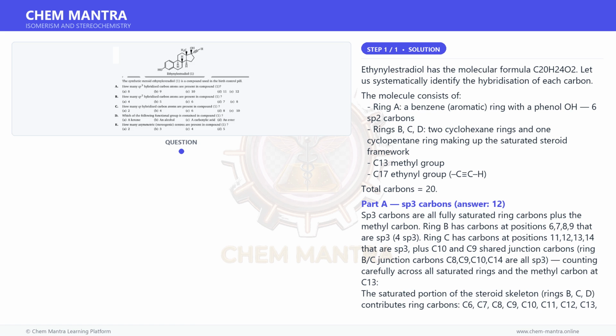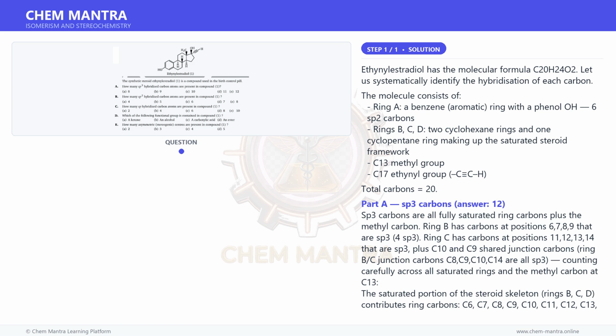C8, C9 shared with C, C10, C11 shared with C. Unique sp3 ring carbons: C6, C7, ring B only; C8, C9, C10, BC junction; C11, C12, ring C only; C13, C14, CD junction; C15, C16, C17, ring D only, is equal to 12 carbons. Plus C18, angular methyl, is equal to 13.